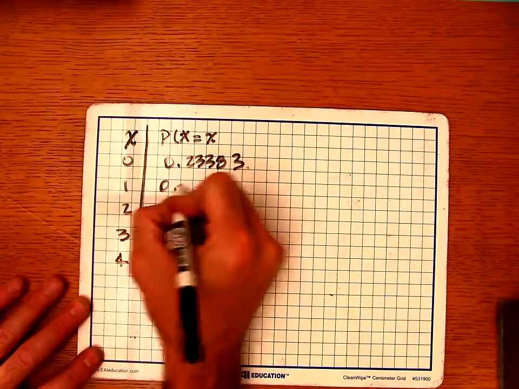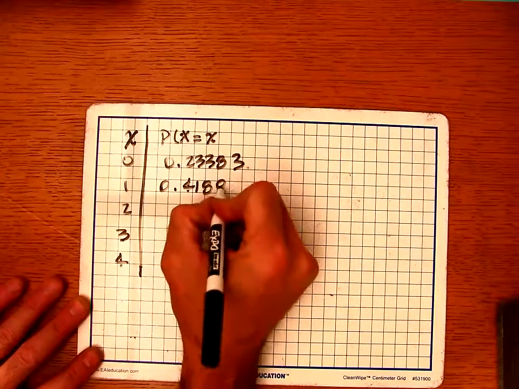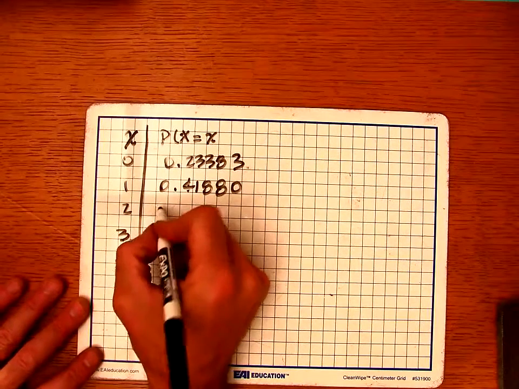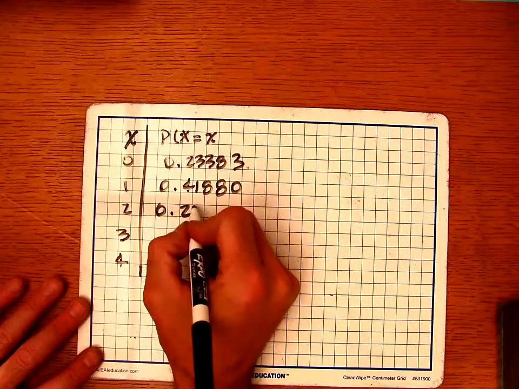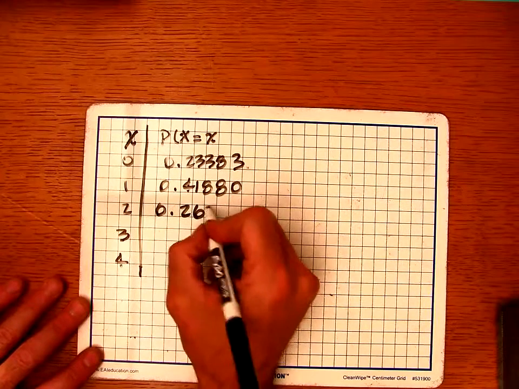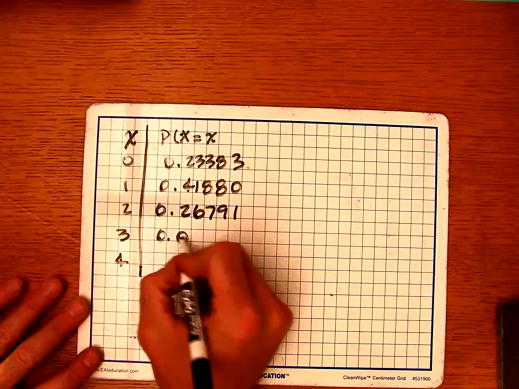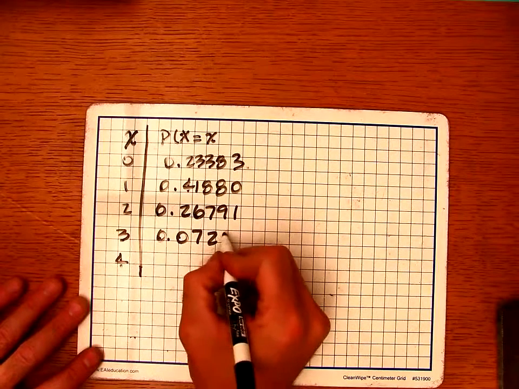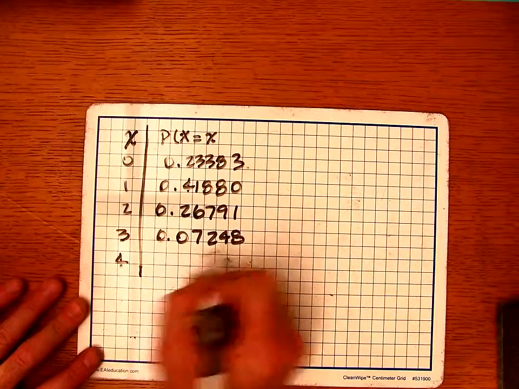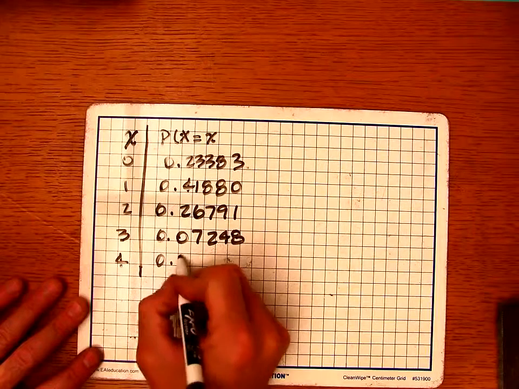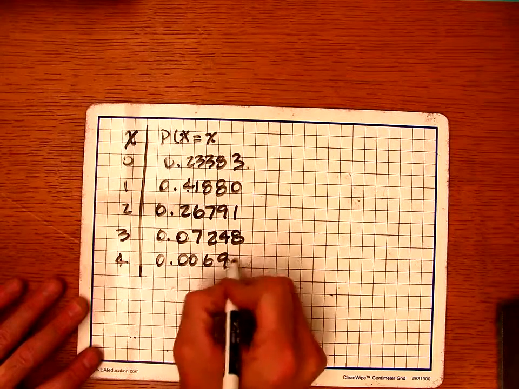This is 0.41880, and this would be 0.26791, and this would be 0.07248, and here we have 0.00699.